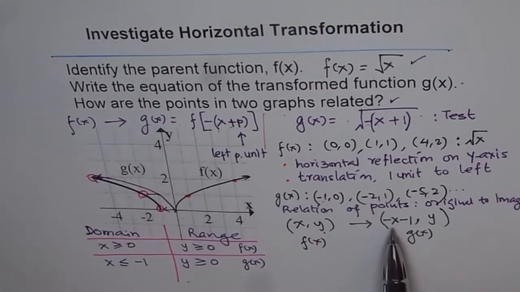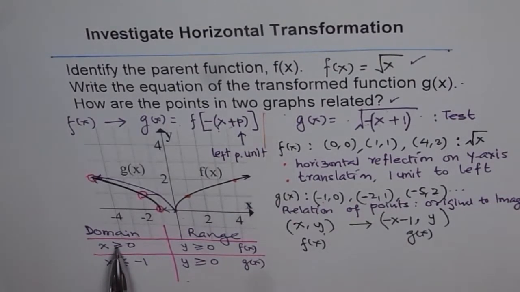In x values, we saw a change that first it gets reflected, right? So every point is less than instead of greater than, and it moves -1, less than -1. Do you understand? So that is how we can correlate all these things, and I think now all have come together and you have understood.